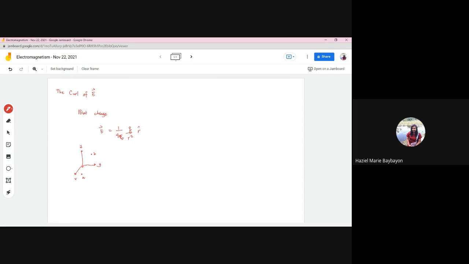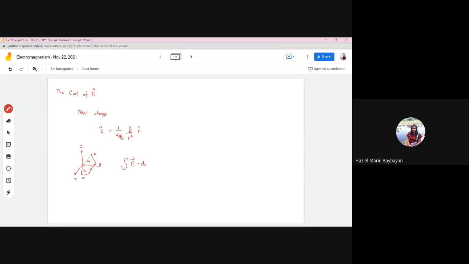So we define r sub A as the distance from the origin to your point A. So this is your r sub A. And then your r sub B is the distance from the origin to point B. Okay, so this is your r sub B. And then we integrate this electric field from point A to point B. We can take any path from A to B, and then we have to set up the integral.